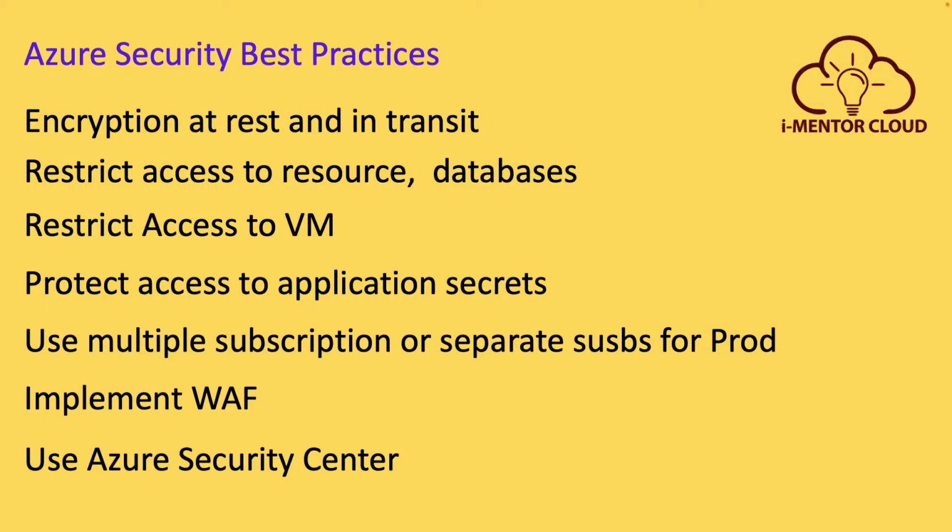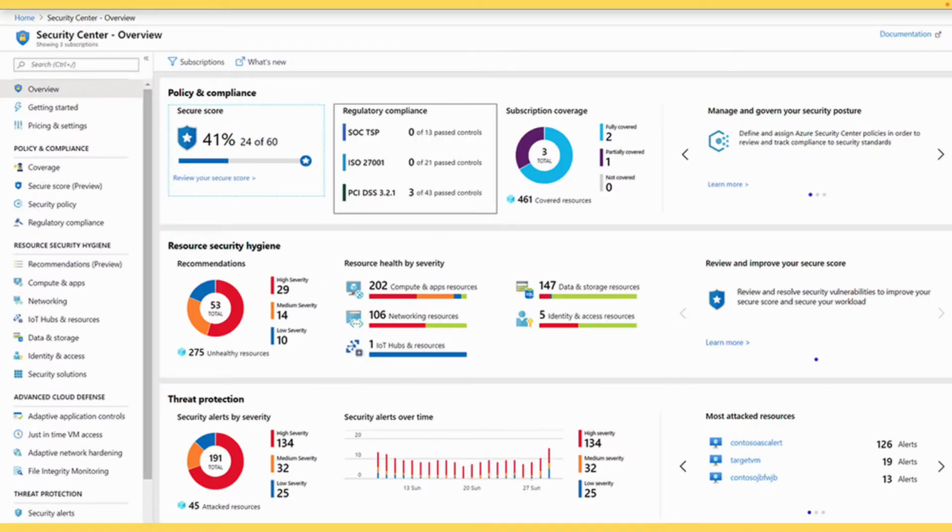Now, if you wanted to see the overall security posture of your organization, this is where Azure Security Center comes in. If you want to see what's the overall score, like a credit score for your organization, from identity, from a storage piece of it, from things we have covered, like access policies and everything. So if you want to look at the overall security posture, Azure Security Center can give you very good detail about your environment, as you can see here, what it looks like.